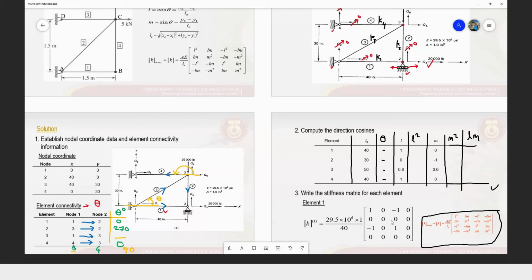It's wasting my time because some of the metric I'm not going to use at all. Okay. This is the metric that we are going to fill up later, but we first need to look at the element connectivity. For element number 1, our element is connected from 1 to 2.